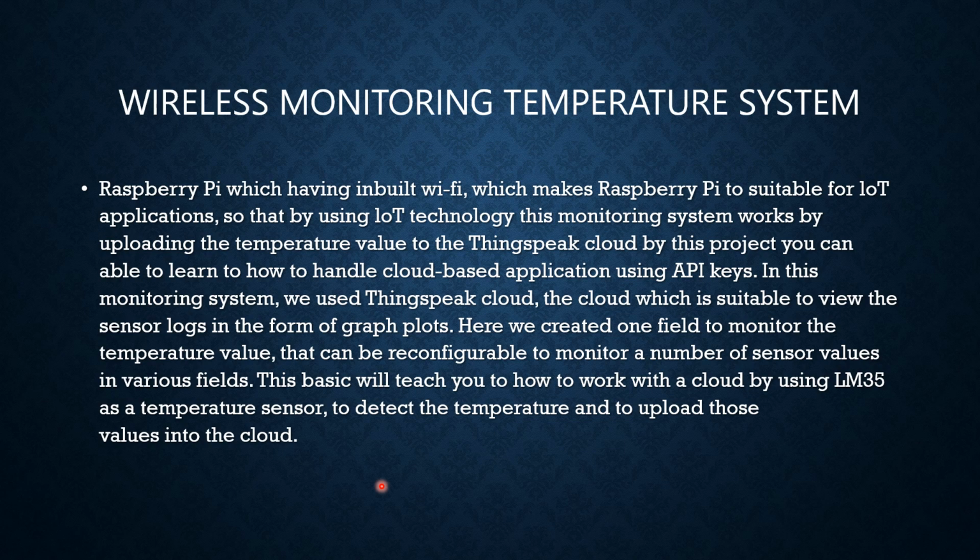In this monitoring system, we used ThingSpeak Cloud, which is suitable to view the sensor log in the form of graph plots. Here we created one field to monitor the temperature value, which can be reconfigured to monitor a number of sensor values in various fields. This basic project will teach you how to work with the cloud by uploading the LM35 value into the cloud.